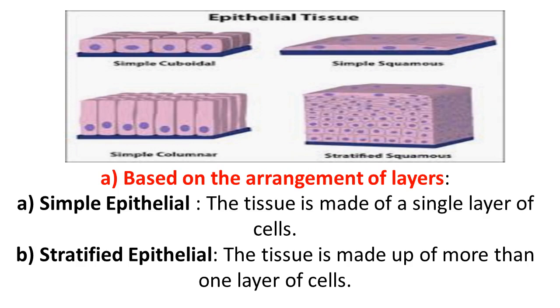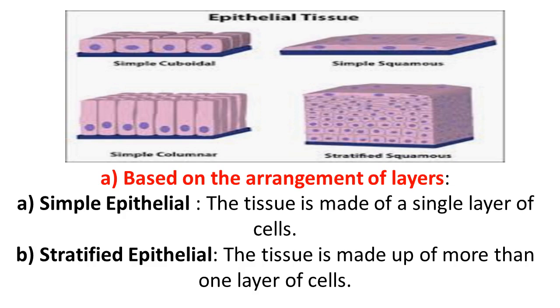The second part of the image tells about the arrangement of layers of cells. As you have seen, in simple epithelium only one layer of cells is present, whereas in stratified epithelium many layers of cells are present. This is how we classify how the cells are arranged in the organs of the body, whether single or multiple.